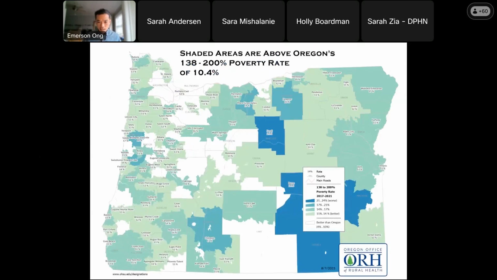So that's what the map for that looks like. There are 10.4% of the population between 138 and 200% of the poverty level. The areas that are shaded are worse than that, and areas in blue have the highest rate, with Fossil at about a quarter of their population, as well as Burns.